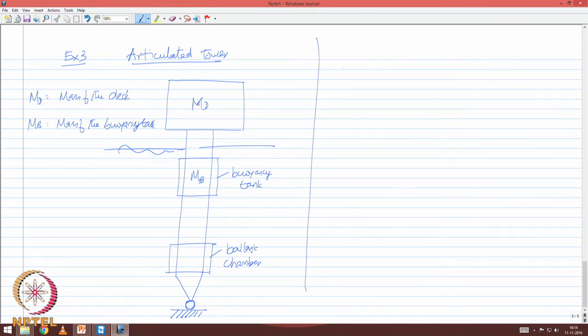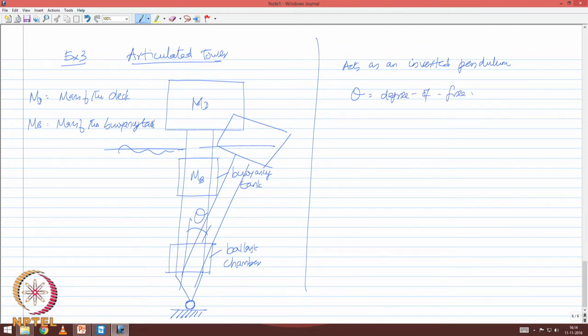Essentially, this tower acts as an inverted pendulum. The degree of freedom this tower has is the rotation about the base, so theta is the degree of freedom. In that case the variable submergence changes for the new position of the platform.